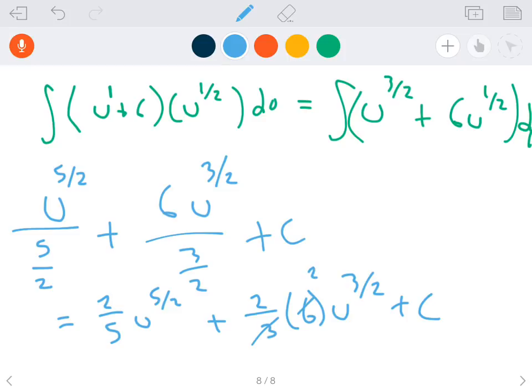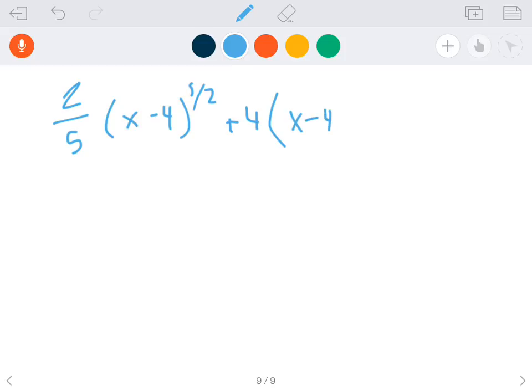So I'm going to rewrite that, and I'm going to sub in x minus 4 for u. And so that becomes, final answer, 2/5 times x minus 4 to the 5 over 2 plus that fraction simplified to 4 times x minus 4 to the 3 over 2 plus c.